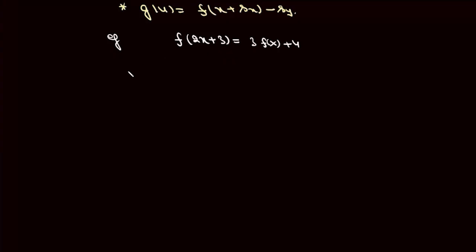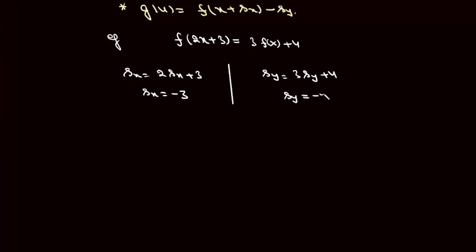Now input fixed point will be s_x = 2s_x + 3, so s_x equals minus 3, and output fixed point will be s_y = 3s_y + 4, or s_y is minus 2.